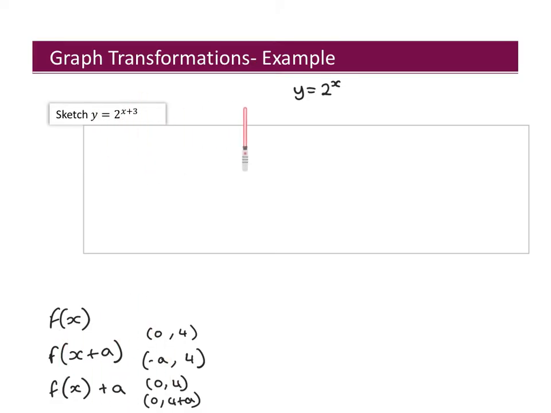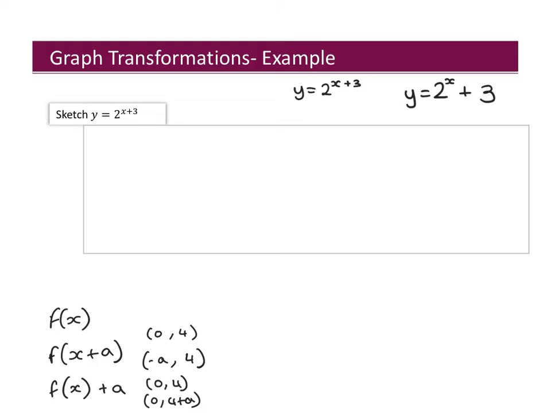Is it inside or outside the bracket? It is inside the bracket, yes, because our function is 2 to the power of x, and we're doing x plus 3. If it was outside, we'd have y equals 2 to the power of x, plus 3.